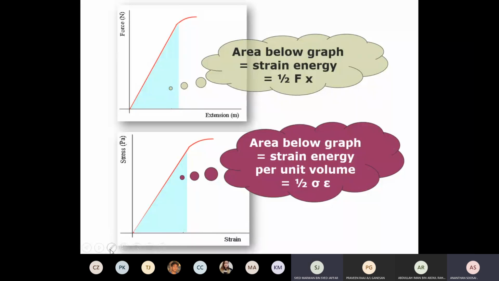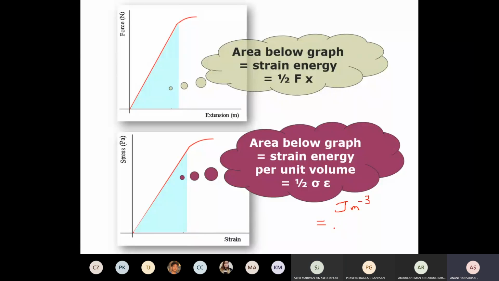How could it be strain energy per unit volume? Strain energy has unit joule. Per unit volume is per meter cubed. You expand the joule in terms of base units.